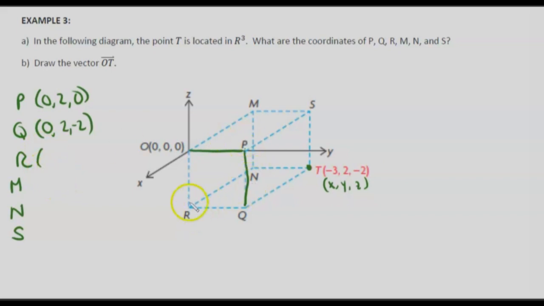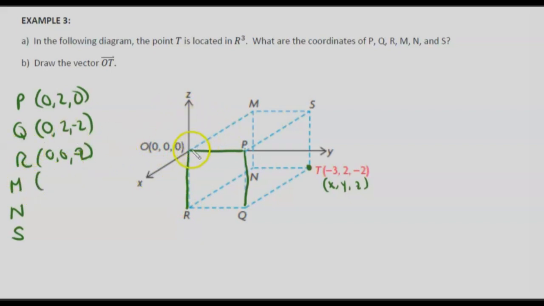For R, all we're doing is going down. That's it for R. So we're just going in the Z direction. So 0, 0, -2. And you can see that this is -2 because we went down instead of up, so we are going in the negative direction.